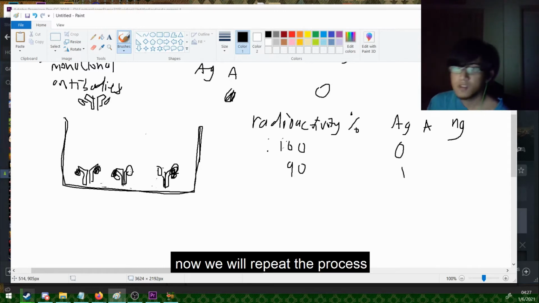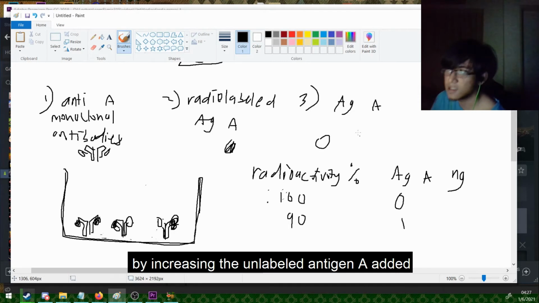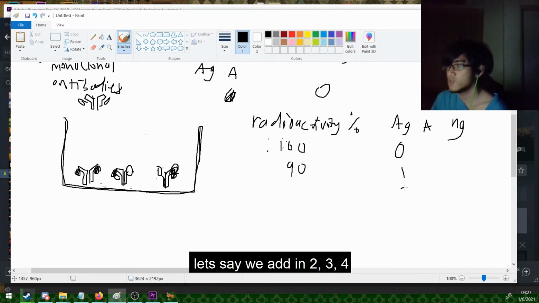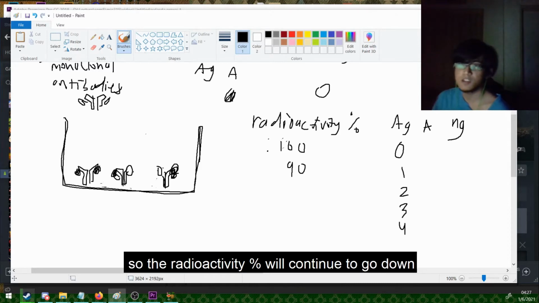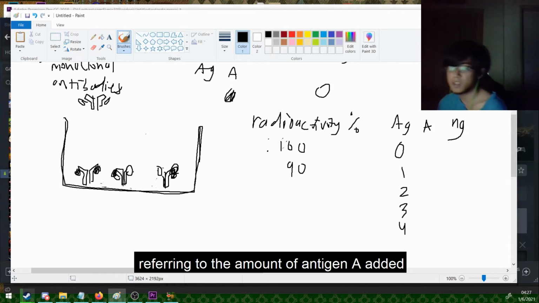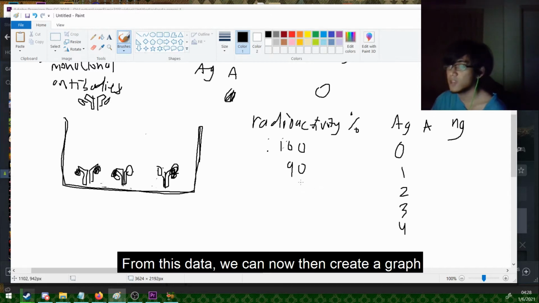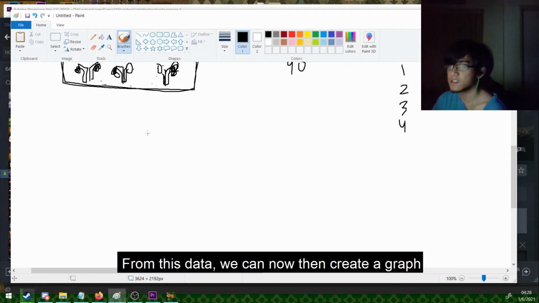So we will now repeat the process by increasing the unlabeled antigen A added. So let's say we add 2, 3, 4, and so the radioactivity percentage will continue to go down based on the amount of antigen A added. So from this data, we can now create a graph.